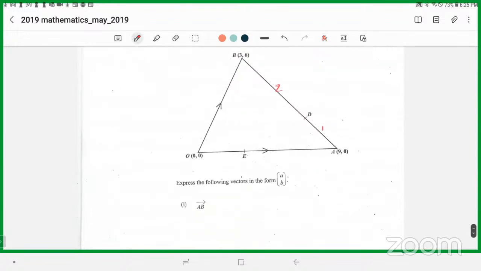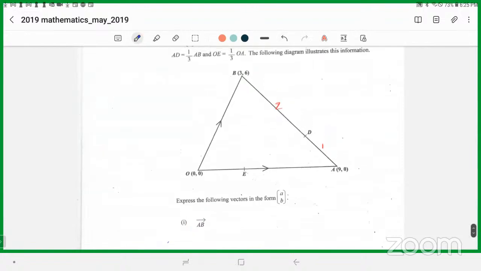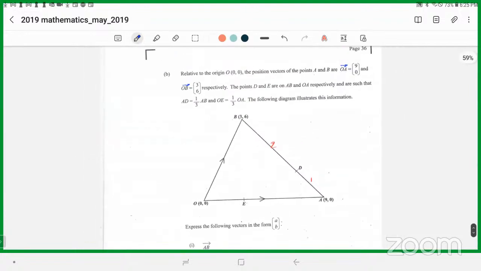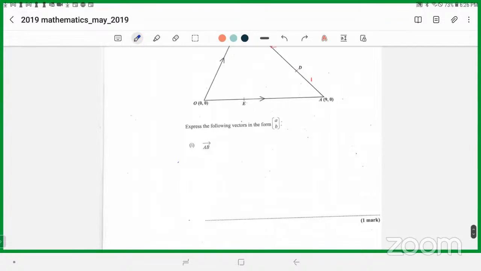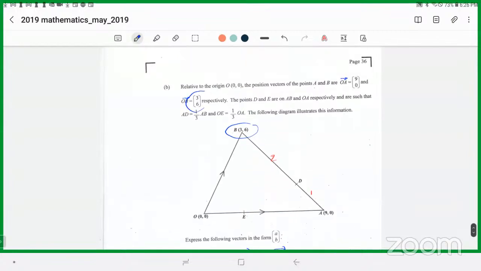All right, so this question asks for it. You see, the previous one did not, but this question does ask us for the AB first. And because we know the position vector of A and the position vector of B, we can just calculate it using the last minus the first. All right, so we're going to do that. So AB equals OB minus OA. The OB is 3, 6. This is the point 3, 6. See here? And the OA is 9, 0.